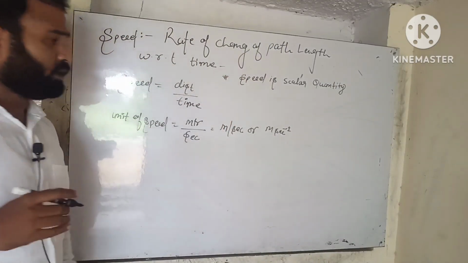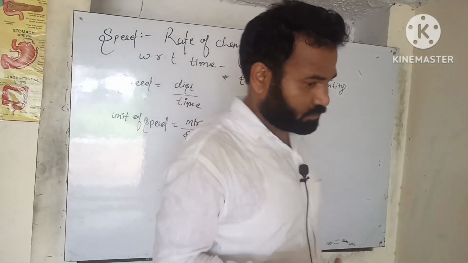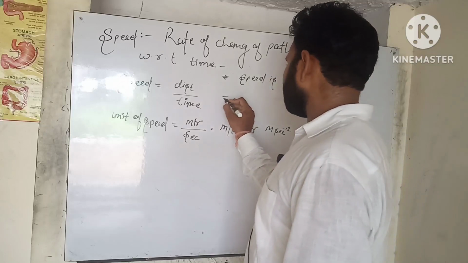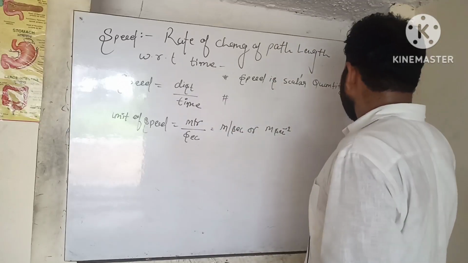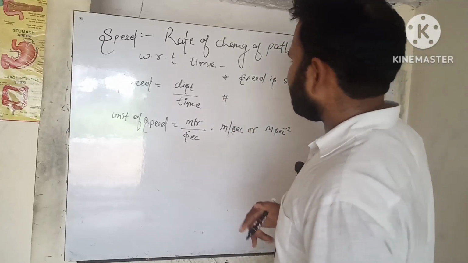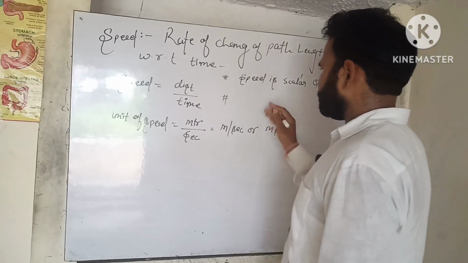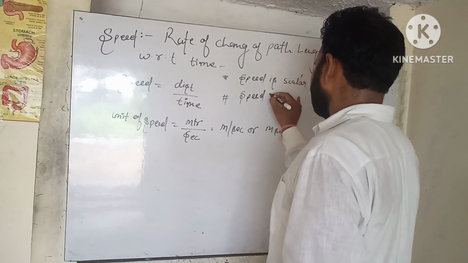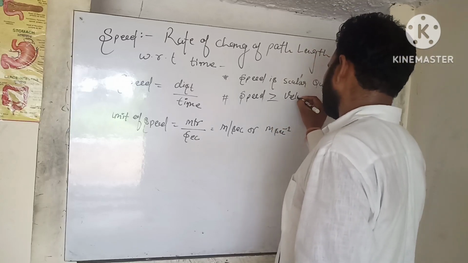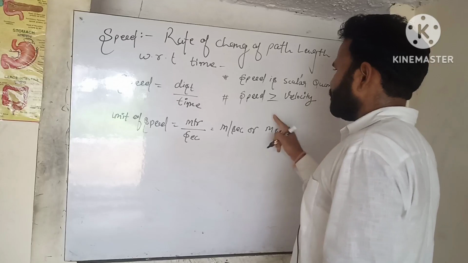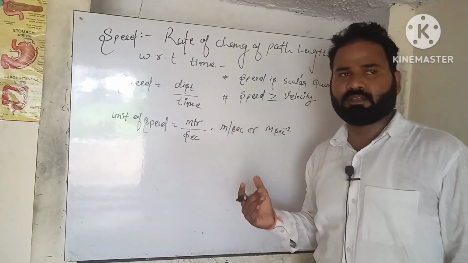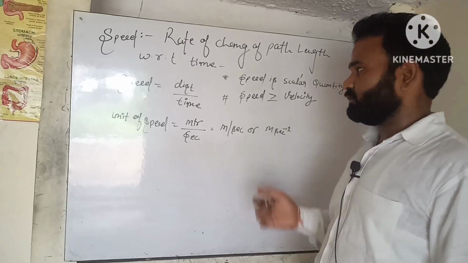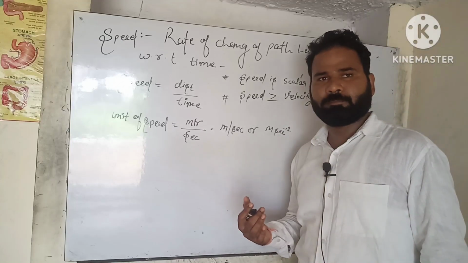The second point is that because distance is a scalar quantity, speed is also a scalar quantity. Speed is greater than or equal to velocity, or we can say that velocity is always less than or equal to speed.